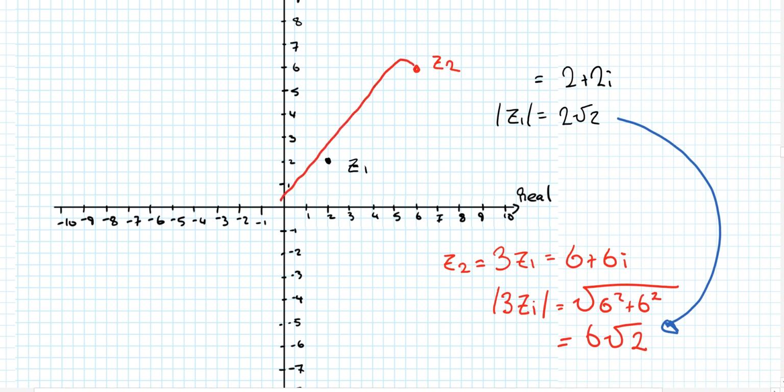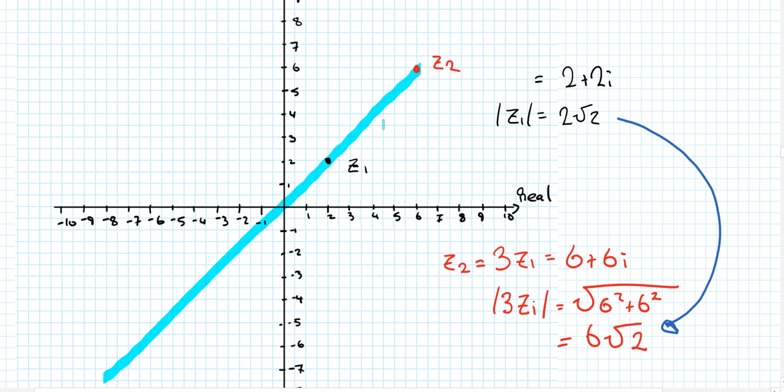This distance, this red distance, is 3 times this black distance. If you're multiplying a complex number by a real number, all you're doing is stretching it out along this line. We say that they're collinear. They exist on the same line. We could say this guy here is, say, Z3.